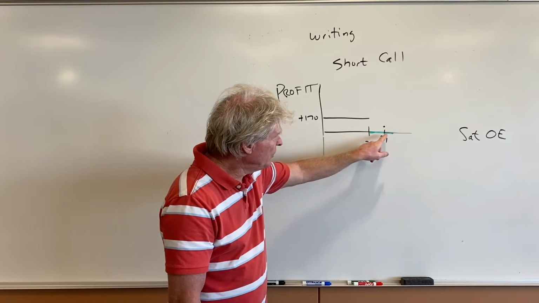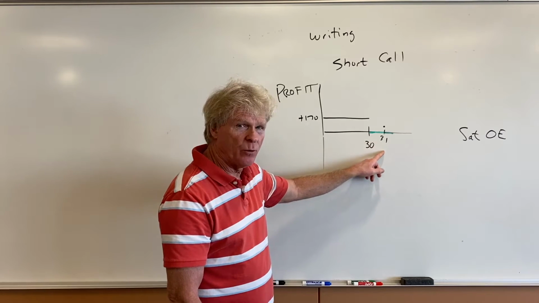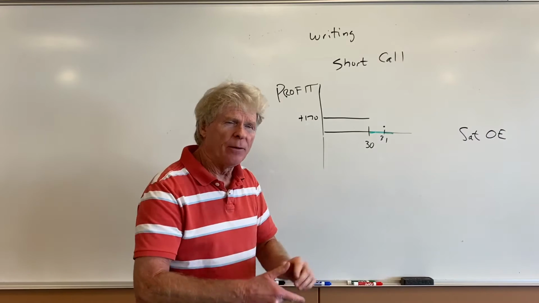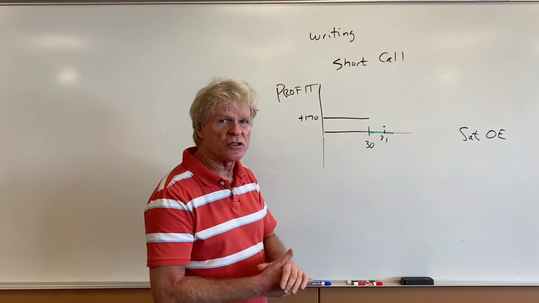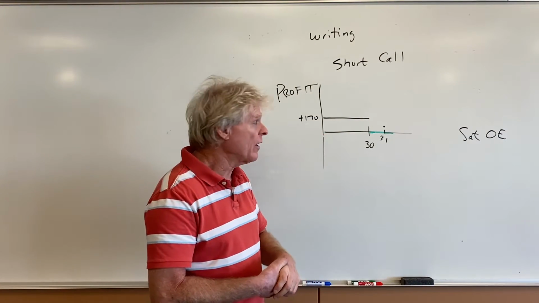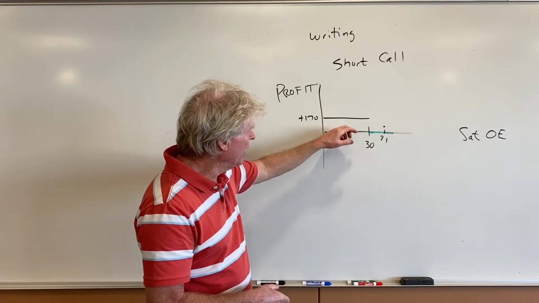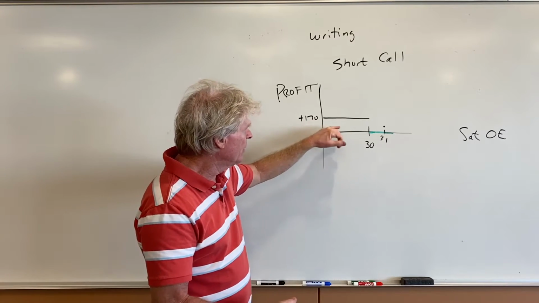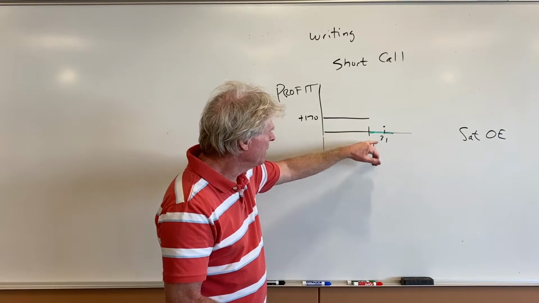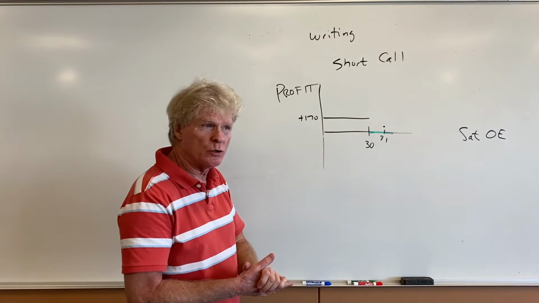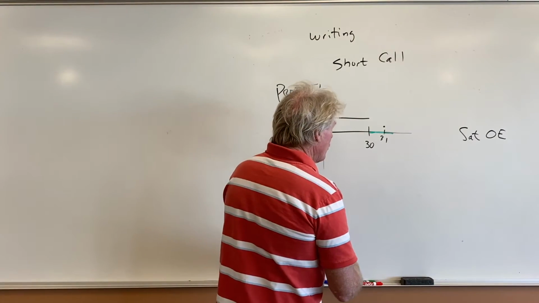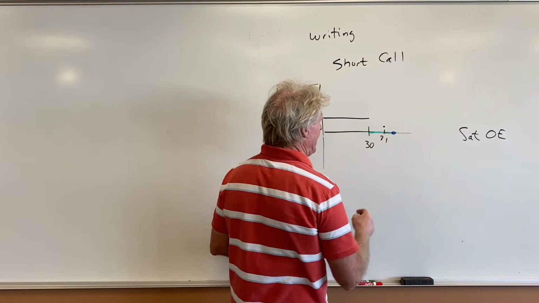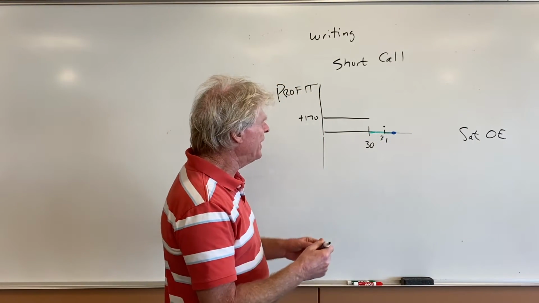But we just saw that even if stock price was 31, even though the option expired in the money, this person that wrote the option still profited, because the proceeds from the short sale of the option exceeded the price he had to pay to buy to close. And that is going to be the case for all points up to a certain point, and that point would be a break even.